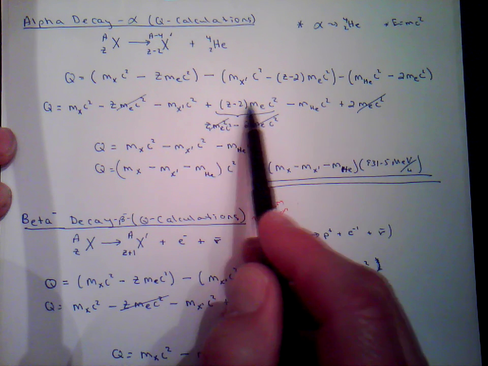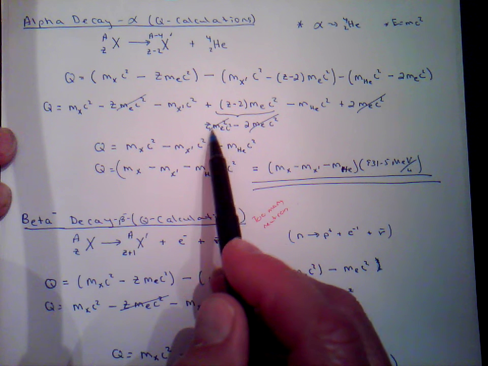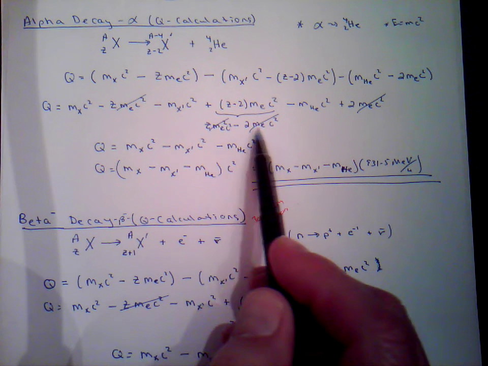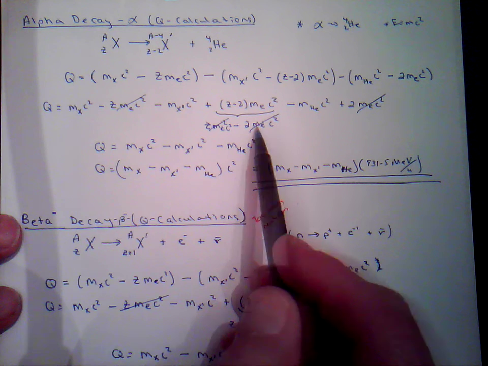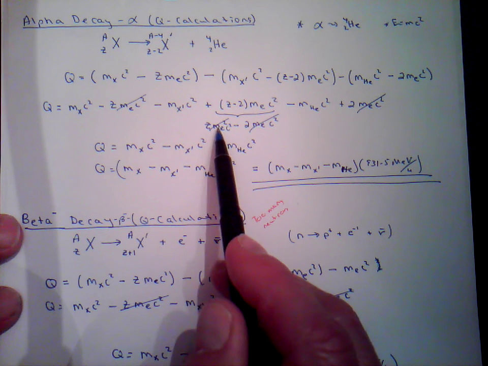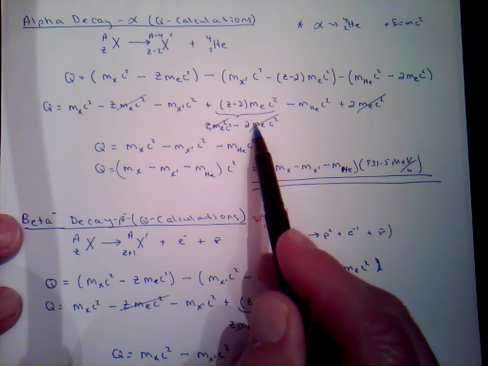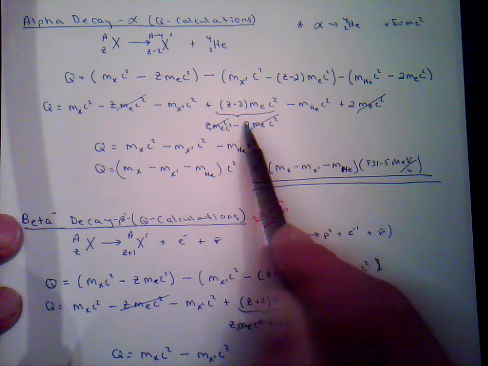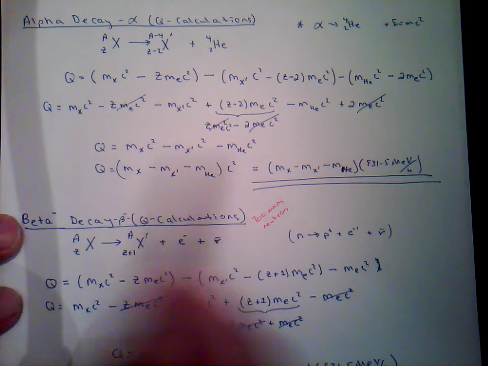We expand this part out, and we get the Z mass electrons minus 2 electrons here. And notice what happens to the mass of electrons. This is Z mass electrons and positive Z mass electrons. Those cancel out. And this value and this value, this is plus, this is negative, those cancel out. We end up getting this equation.